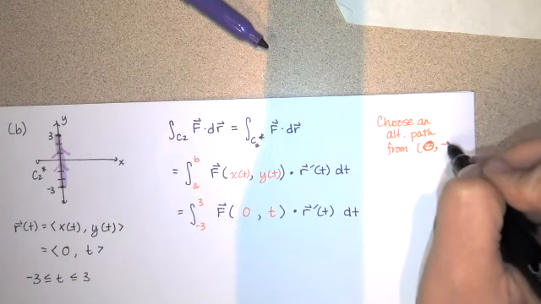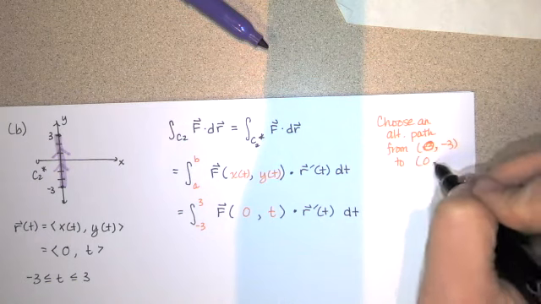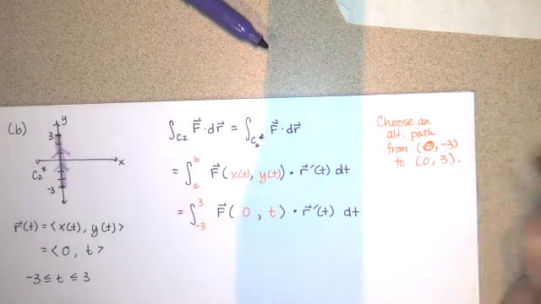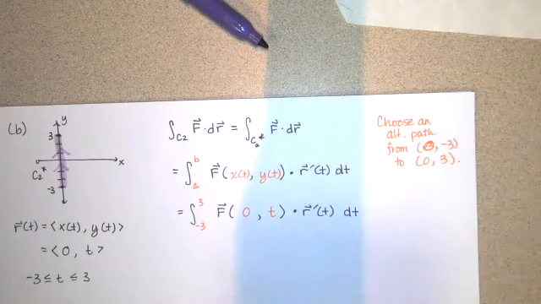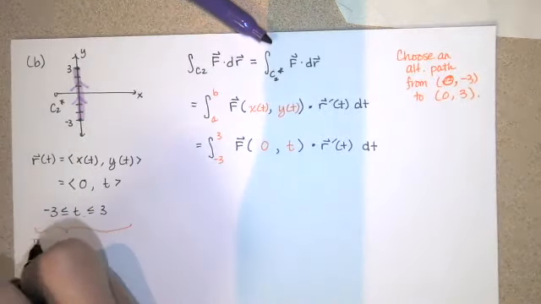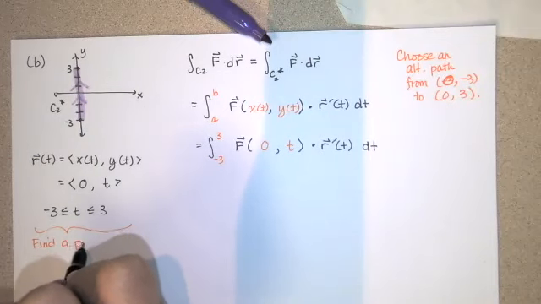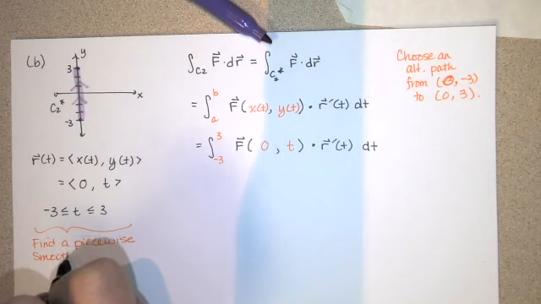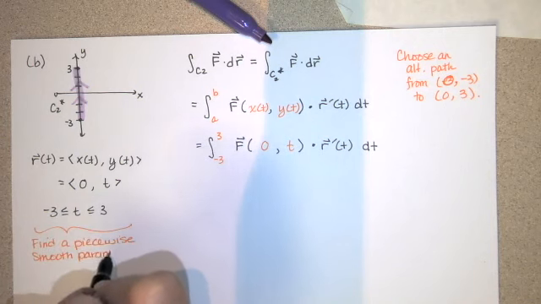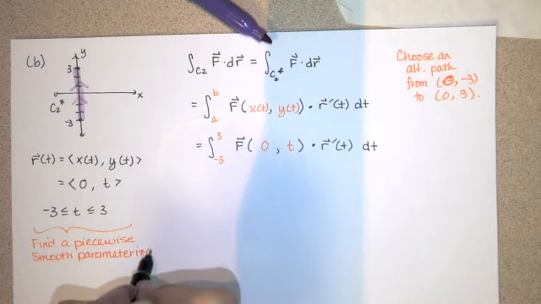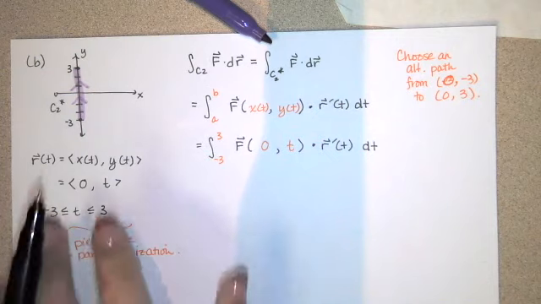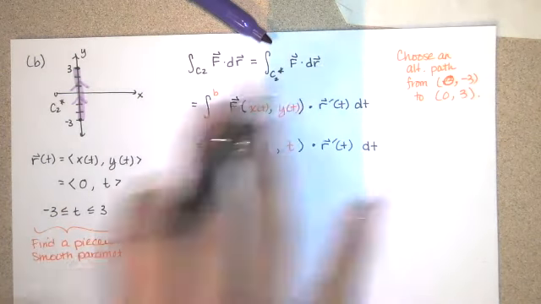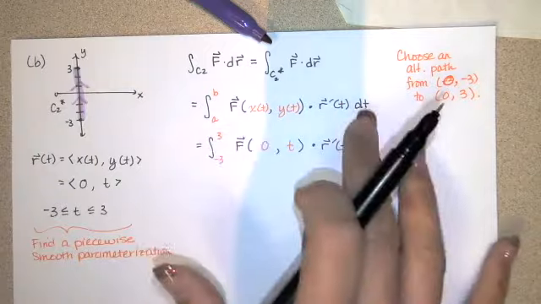Oops, from 0, -3 to 0, 3. And then we found a piecewise smooth parameterization of that. And then we know that we can evaluate our line integral over this alternate path using this.